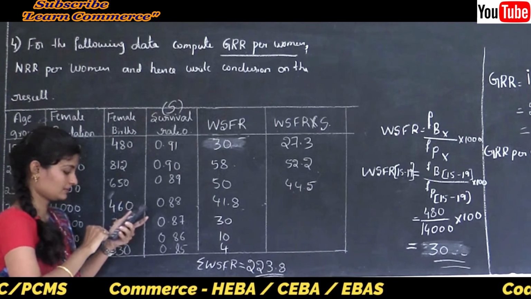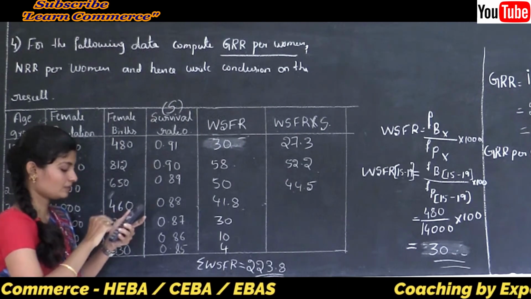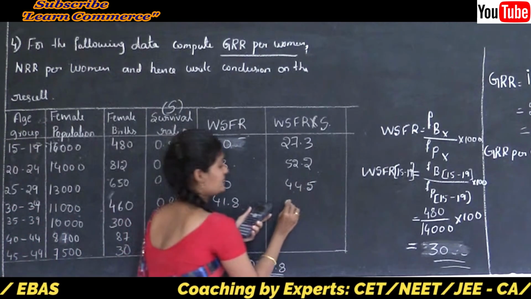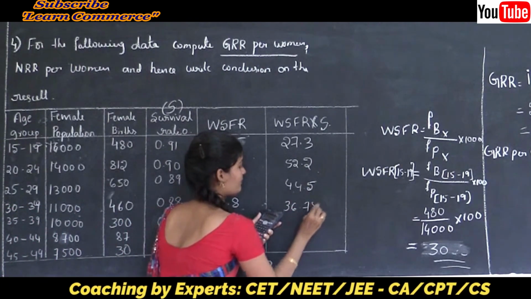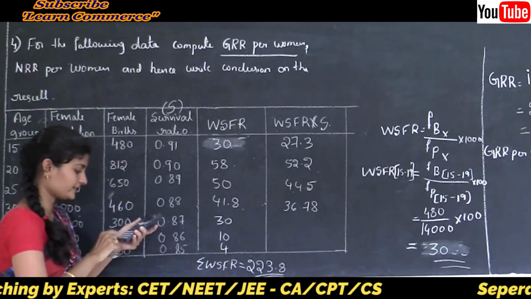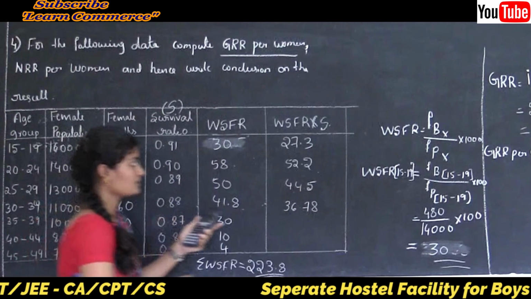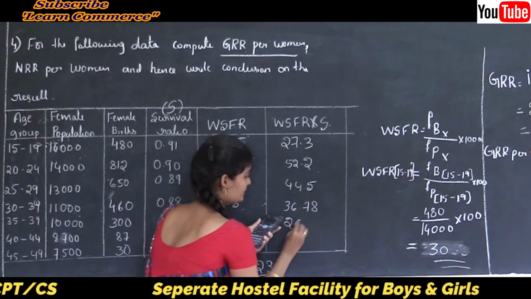Okay, next value 0.88 into 41.8, that is 36.78. Next value 0.87 into 30, so that is 26.1.